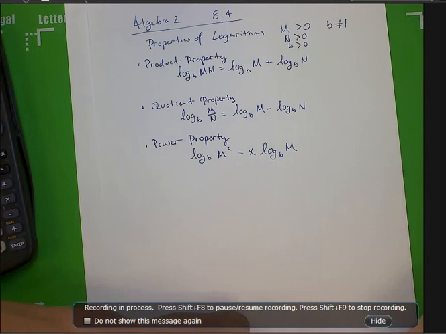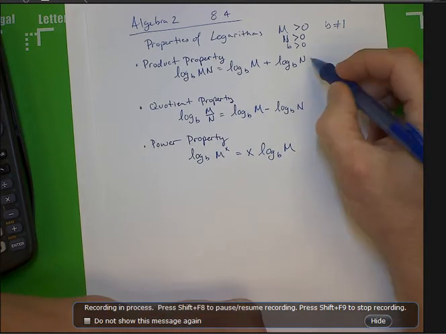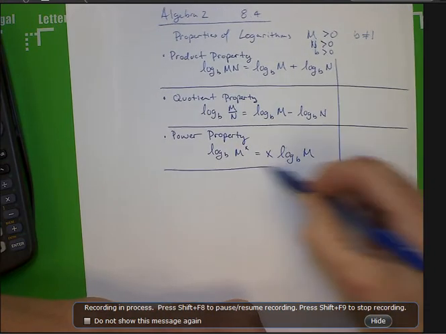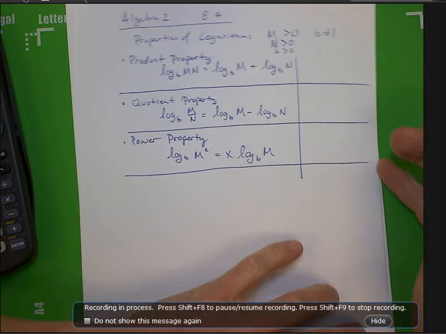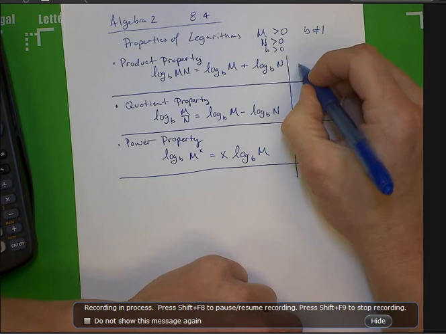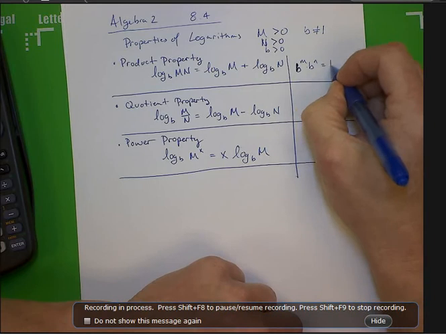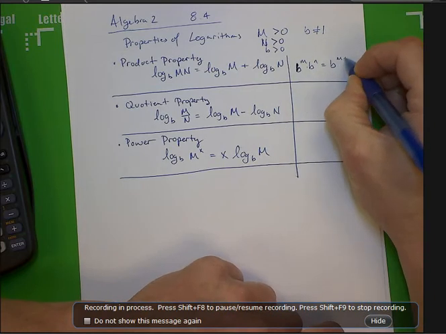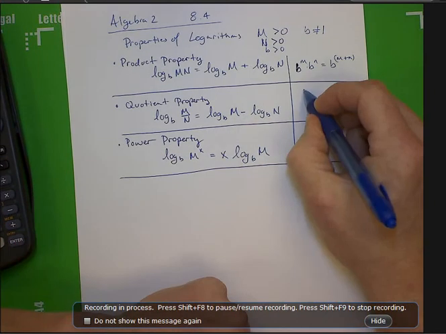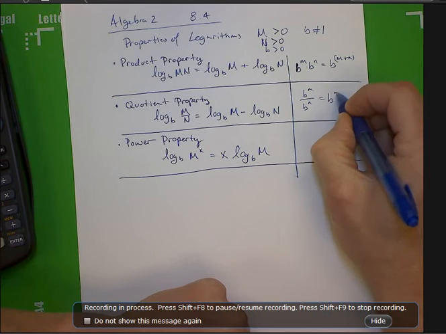Now, these all relate. If you want to say, what do they relate to in exponential form? These all relate to the following properties that you already knew. Remember that if you take b to the m times b to the n, that's equal to b to the m plus n. So that relates to there. If we took b to the m divided by b to the n, that's equal to b to the m minus n.